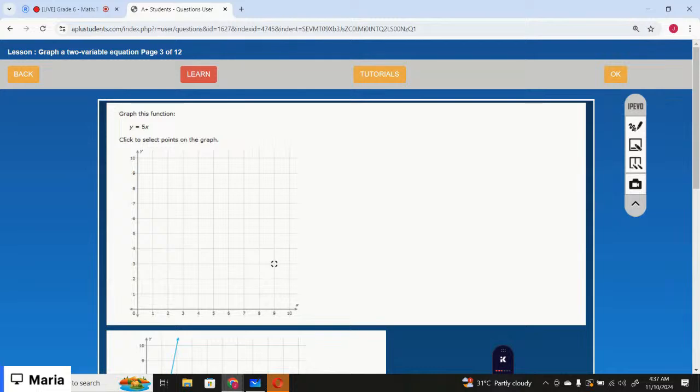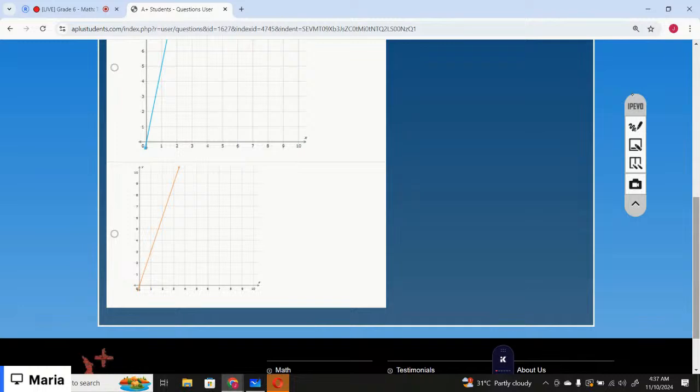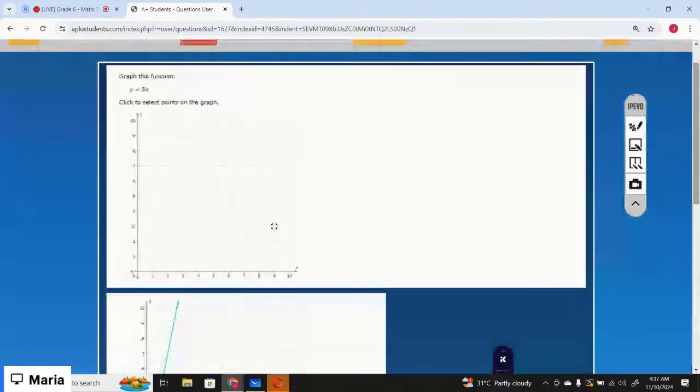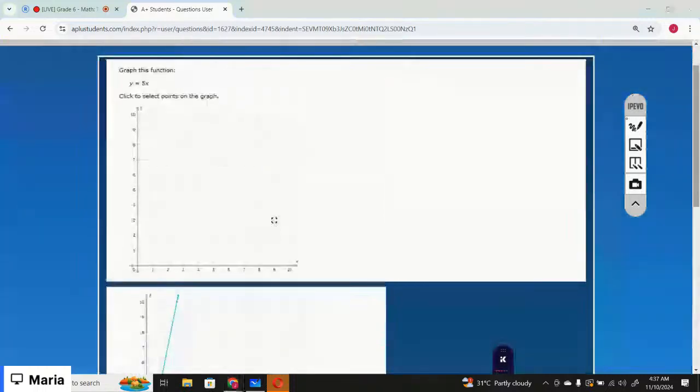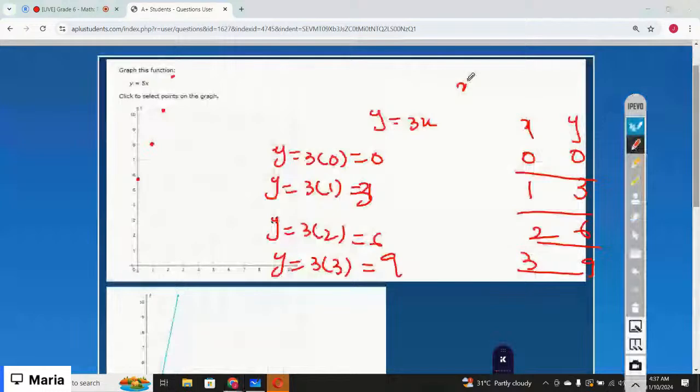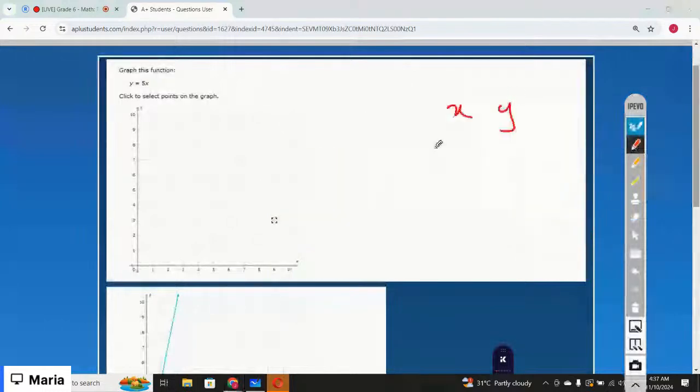Graph this function y equals 5x. So let's just make a table first, right? X is 0, y is 0. X is 1, y is 5. X is 2, y is 10. X is 3, y is 15.